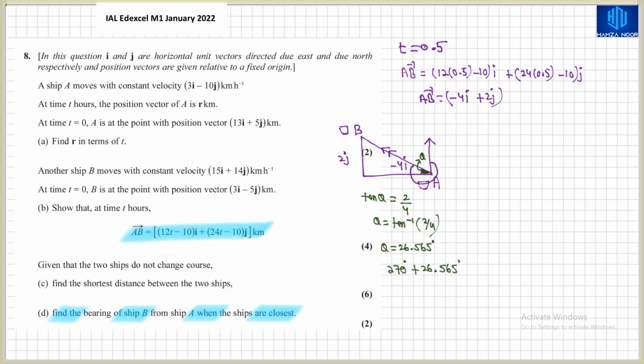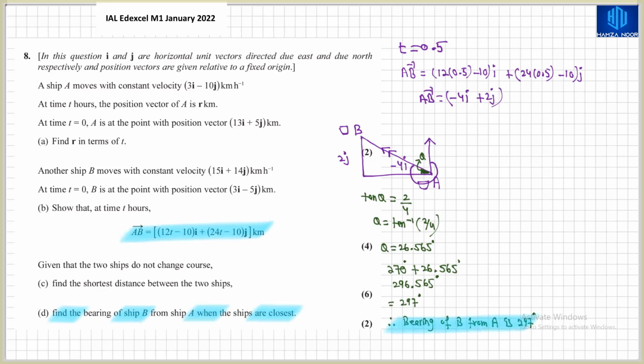So 270 plus 26.565 is 296.565, and therefore we will mention this as a three significant figure value, 297 degrees. So therefore the bearing of ship B from ship A is 297 degrees. So this is the answer of part D.